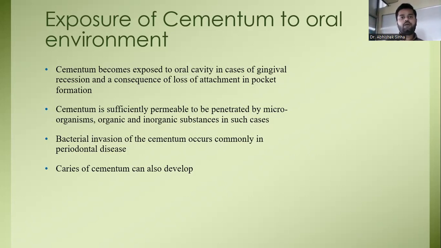If you remember, I have told in the physical characteristics, it reduces with age. If right now you have any periodontal issues and cementum gets exposed, then you know that it is sufficiently permeable and can be permeated by microorganisms, organic and inorganic substances in such cases. So bacterial invasion can easily take place, hence can lead to root caries also. So those are the presumptive consequences of exposure of cementum to oral environment.